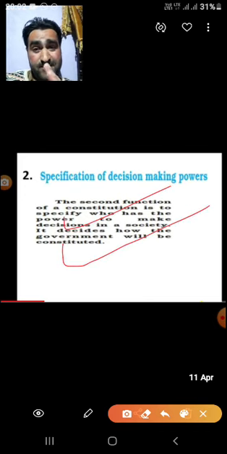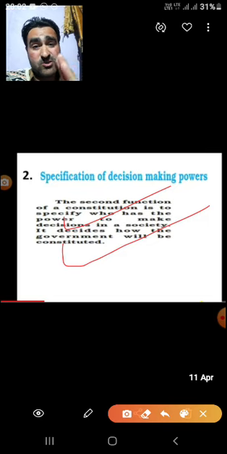So it will reflect upon what is the source of sovereignty. All the institutions will have to work in their own jurisdiction, and the decision making power has to be very coherent and very systematic.